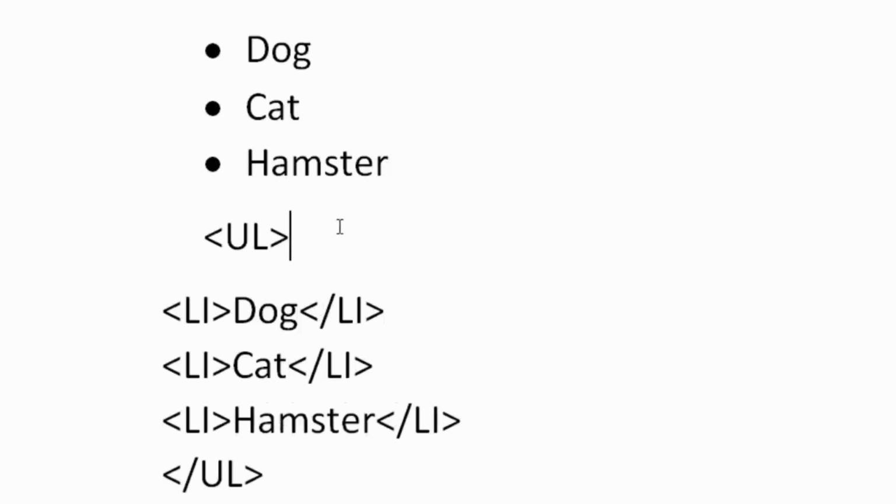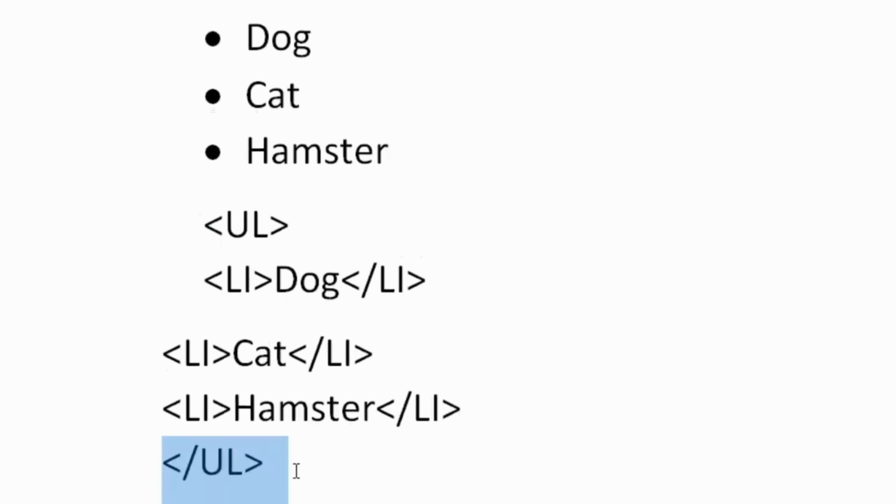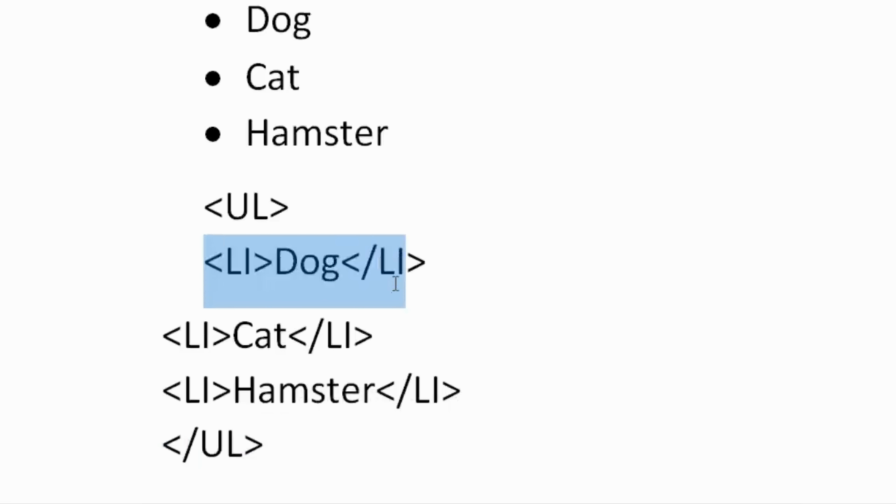Pretty simple, right? After you understand that concept, that you have the open tag here, the close tag here, and then the items that are surrounded by the LI tag. So LI dog /LI, LI cat, close the tag, LI hamster, and then close that tag.